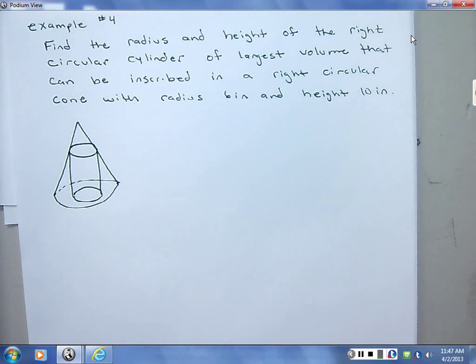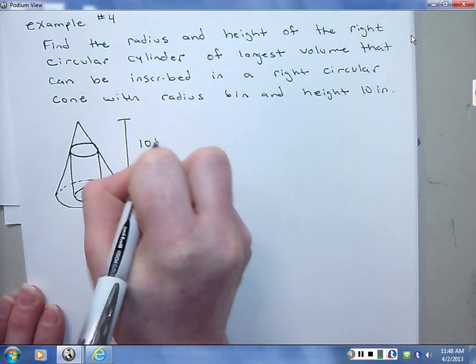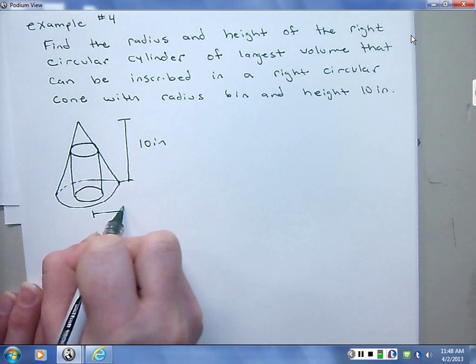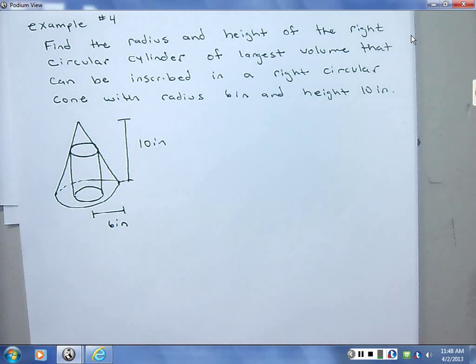I want to find the radius and height of the circular cylinder that's going to maximize the volume that's totally inscribed within this right circular cone. The right circular cone has a height of 10 inches and a radius of 6 inches. So geometry, right?